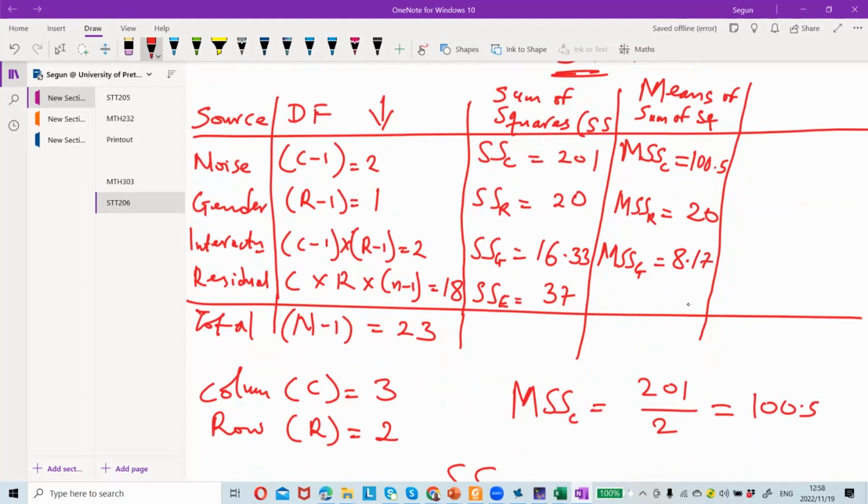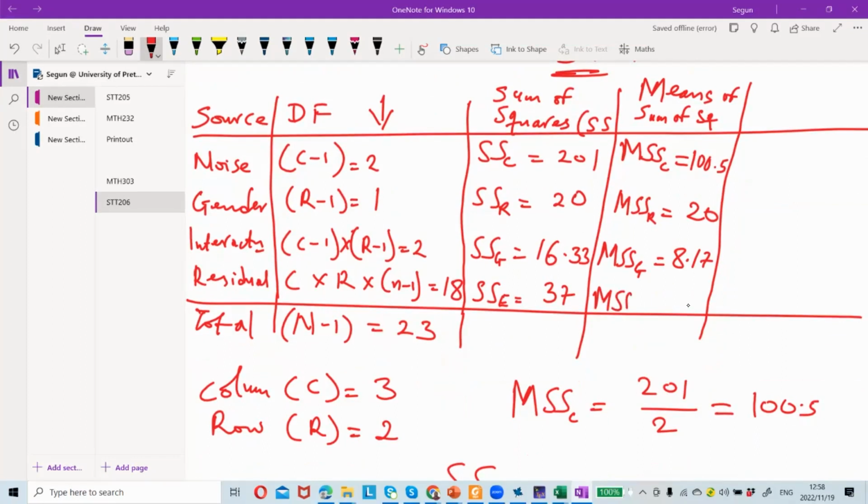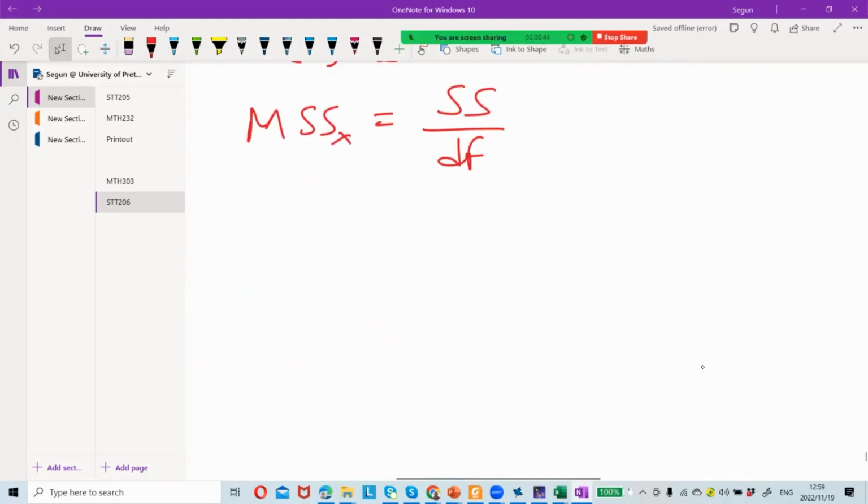Yes, sir. Let's do the one of SSE. What do we have? 37 divided by 2 points. 18.06. Correct. So we now need to get our F calculated, F ratio.